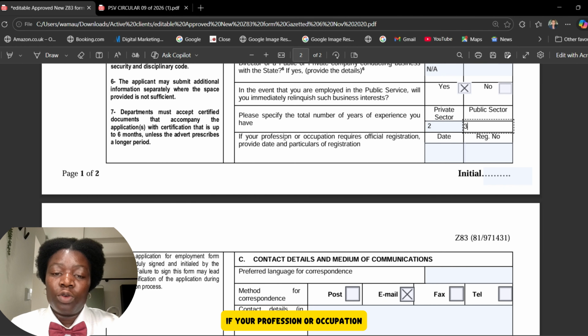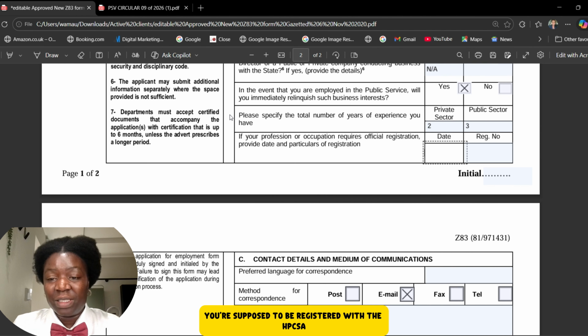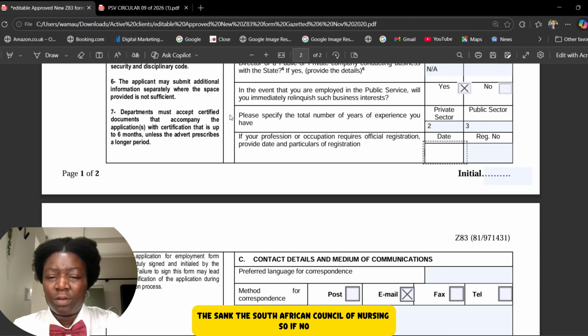If your profession or occupation requires official registration, provide date and particulars of registration. So this is when you are maybe a healthcare professional, for example, you're supposed to be registered with the DPSA. If you are a nurse, you are supposed to be registered with the South African Council of Nursing.